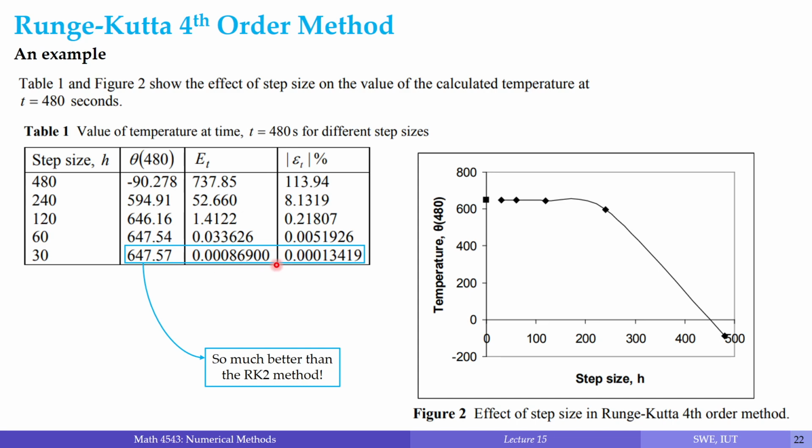One commonsensical implication from this is that the more points we consider while calculating the slope values k1, k2 and so on, the better the approximation of the final slope we get for calculating y sub i plus 1, the value of the dependent variable y after the i plus 1 iteration, right?